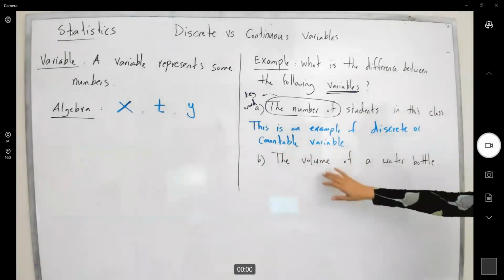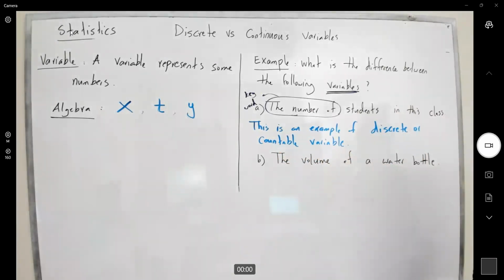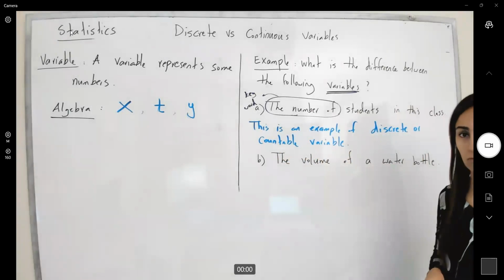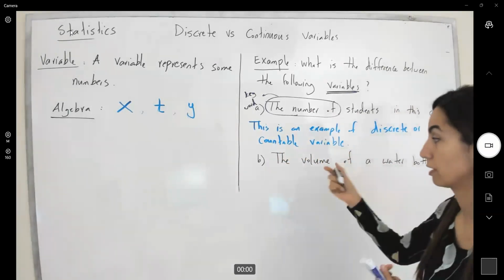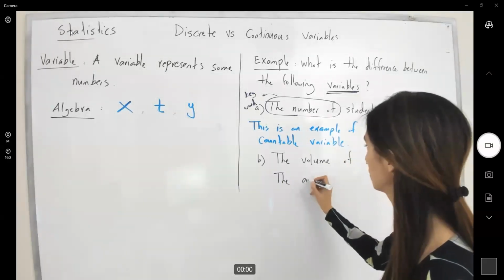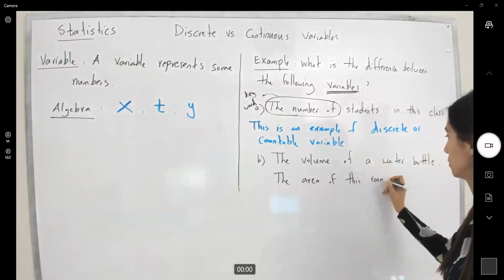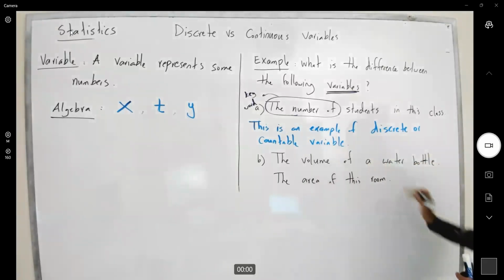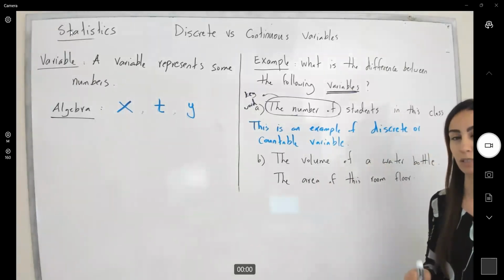Well, here I have the volume of a water bottle. The volume, okay. The area of this room floor is another example that fits into this category. Another example, the height of students in this class.